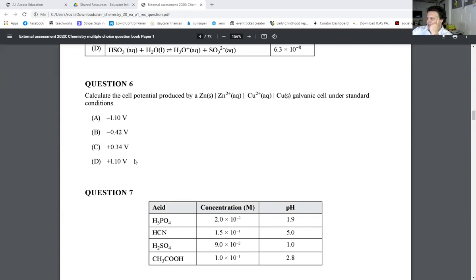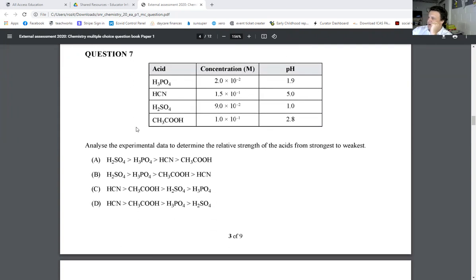Well done, Lucy. D. So if you go into your formula book, find the 2, make the smallest one a negative, add them together, and you should get plus 1.07. Okay, this one is a little bit of a deductive reasoning question.